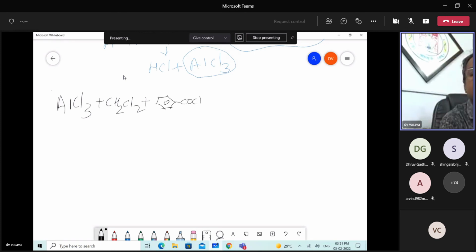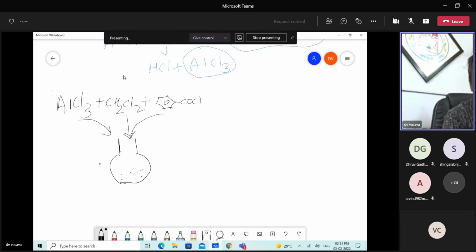This is a highly exothermic reaction, by the way. So in this case, you can take this in the RBF, introduce the MDC, introduce the benzoyl chloride, and then AlCl3.